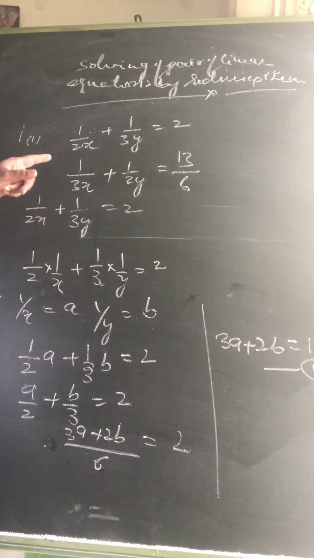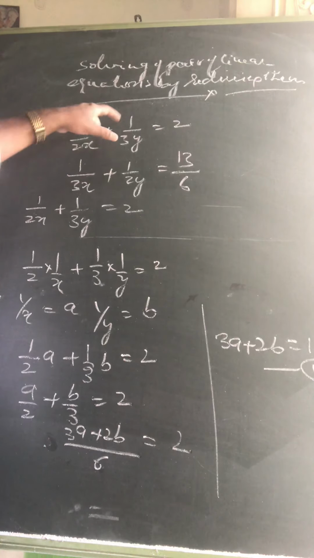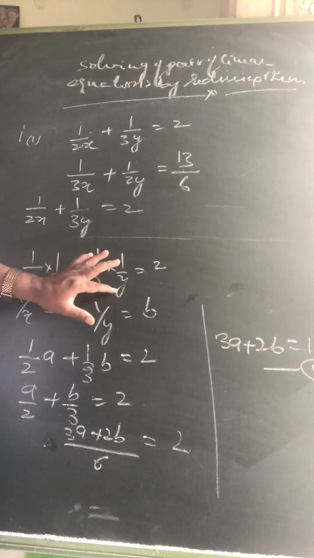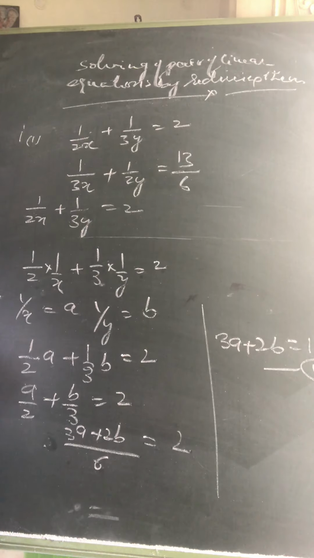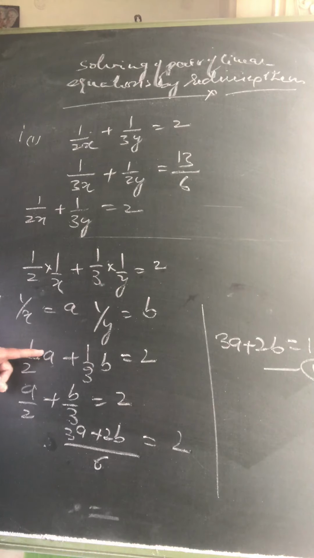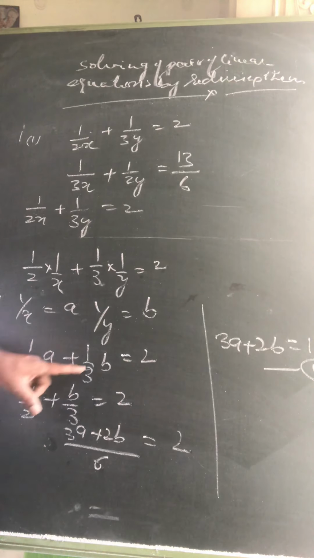Once again I am explaining. 1 by 2x plus 1 by 3y is equal to 2. We write it separating as 1 by 2 into 1 by x plus 1 by 3 into 1 by y is equal to 2. Because 1 by x is in fraction form, we take it as a and change it into normal form. So 1 by 2 into a plus 1 by 3 into b is equal to 2, that is a by 2 plus b by 3 is equal to 2.